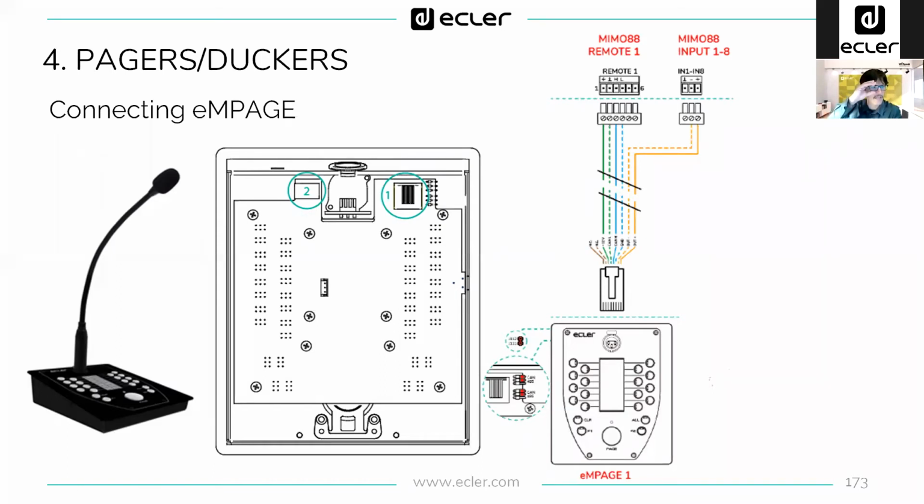As EclerNet users are more advanced, you have to change the jumpers which are inside. There are 2 jumpers that have to be changed, okay, because the communication is different. And because this digital bus needs a 120 ohm termination, there is another jumper that activates the internal termination of the EM page.